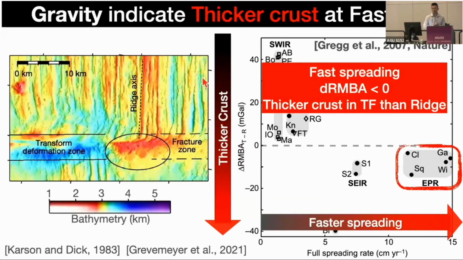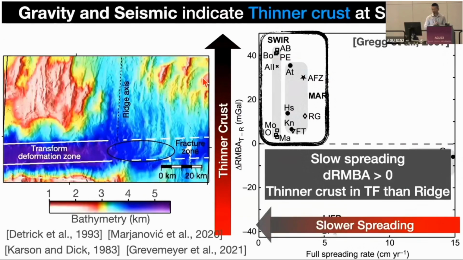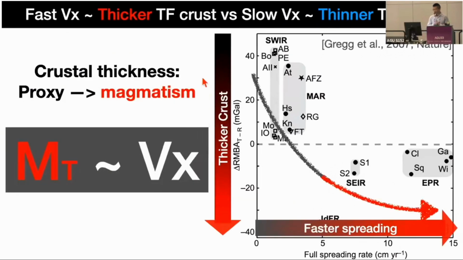For example, at the fast-spreading East Pacific Rise, you see low RMBA indicating thicker crust, whereas at slow-spreading ridges, you see high RMBA indicating thinner crust, which is also confirmed by seismic studies. Because crustal thickness is a proxy for magma supply, and we have this trend, this allows us to link magma supply within the transform fault, MT, with the spreading rate.